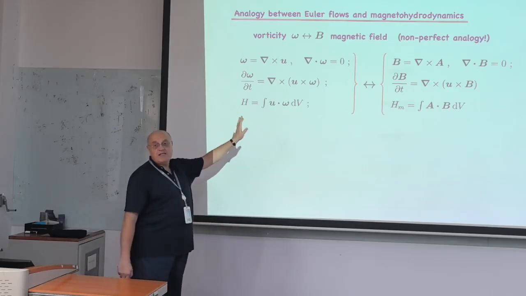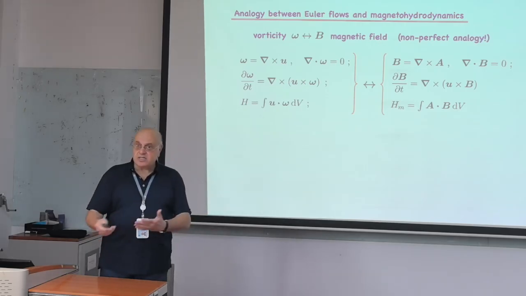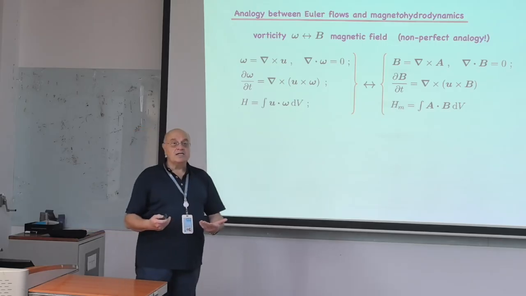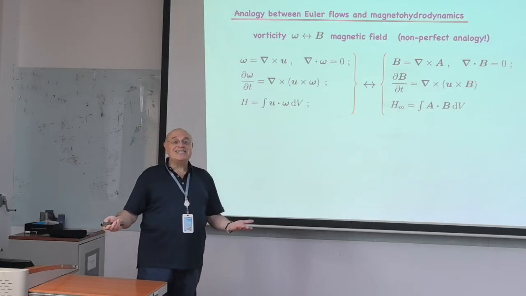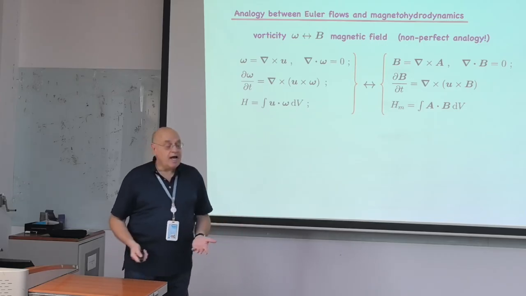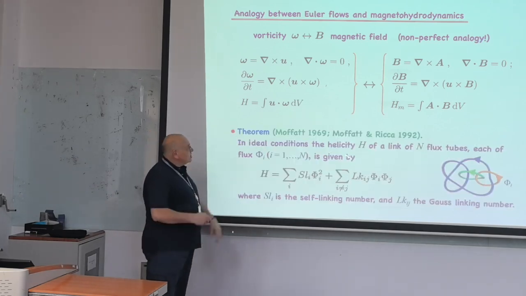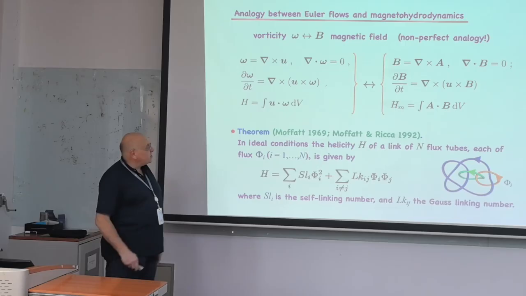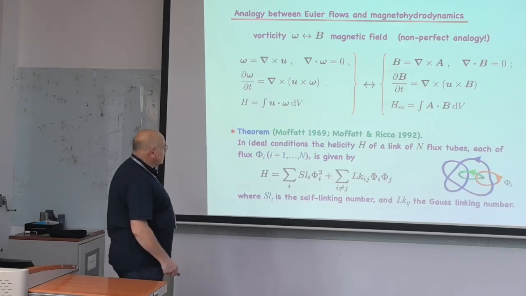However, whatever fields we consider, we can talk about helicity in one context or the other, and we wonder, okay, if it is conserved, does it have any meaning, as kinetic energy has a meaning? And so the meaning was established and rooted in the work of Moffatt in 1969, and then further extended in collaboration with him.